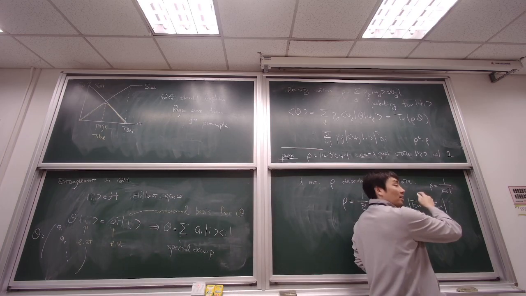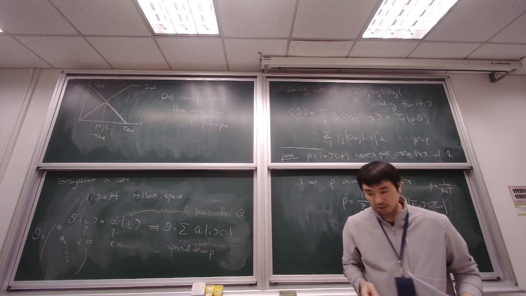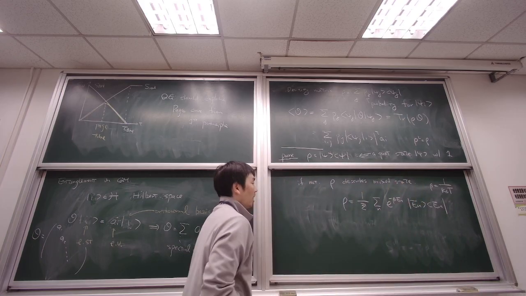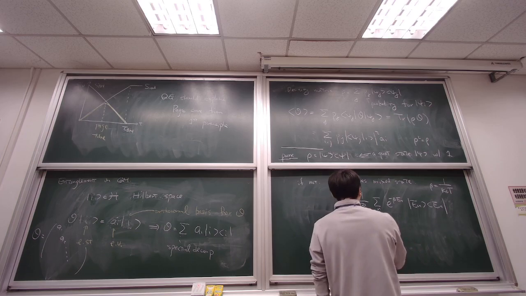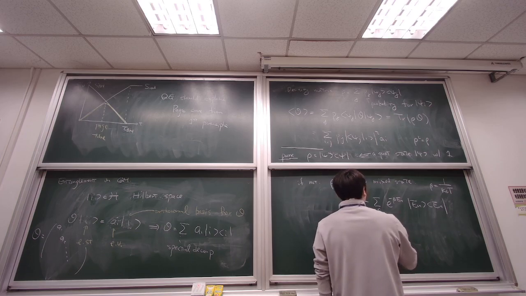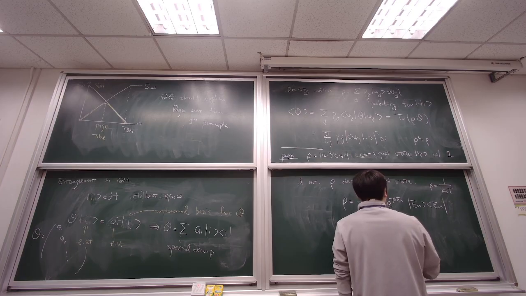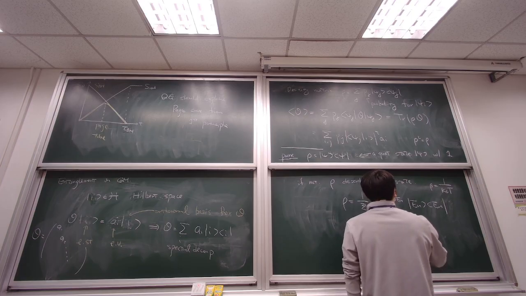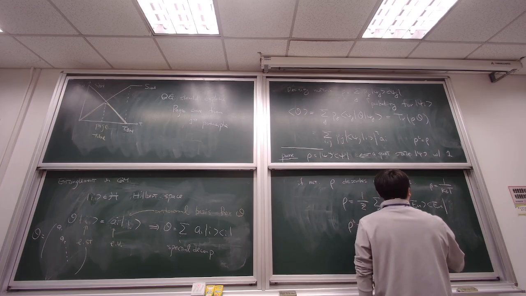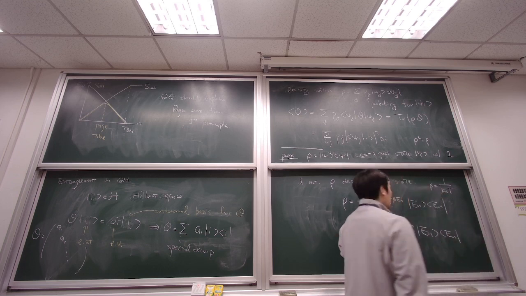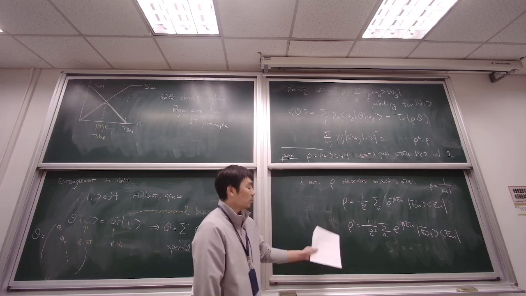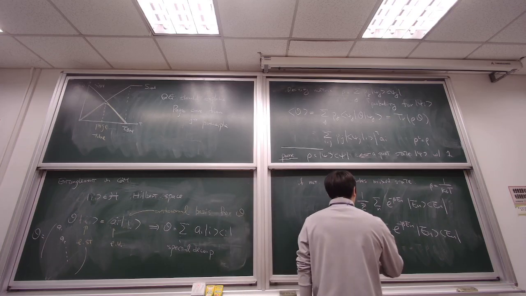You need it, right? Minus sign like this. Therefore, of course, if you just multiply it, you get rho squared is something like 1 over Z squared, sum over n of e to the minus 2 beta E_n, if you just normalize. So therefore, of course, rho squared is not equal to rho.